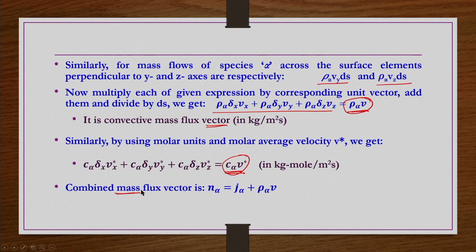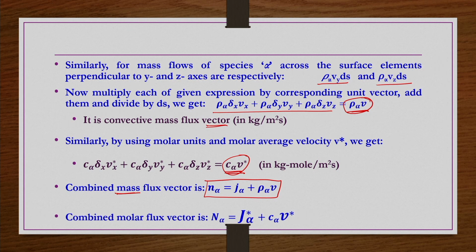Combined mass flux, in small letters, is n alpha equals j alpha plus rho alpha V. The same thing in molar units, with capital letters, is capital N alpha equals capital J alpha star plus C alpha V star. V star is the local molar average velocity, and V is the local mass average velocity.